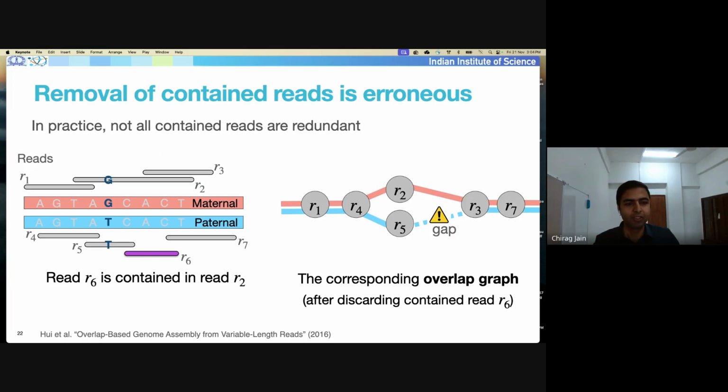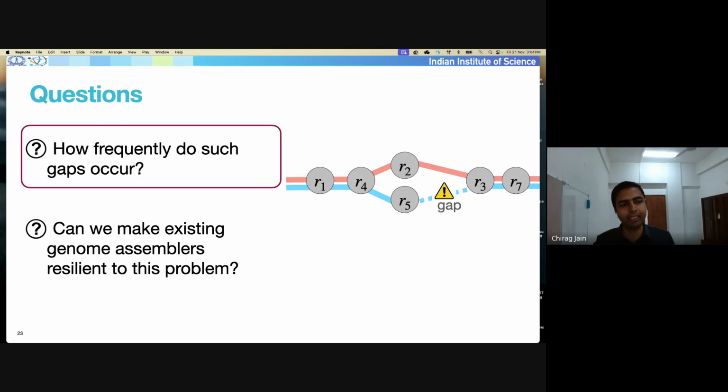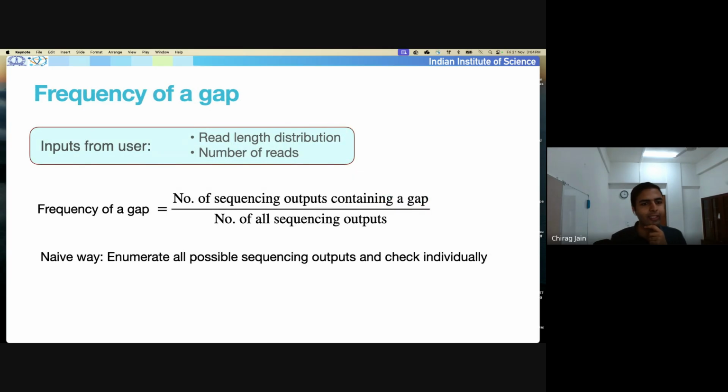So basically, the first question is, how frequently do such gaps occur? The second is, can we make the assemblers resilient to this problem? For the first question, one can ask the user to give the read length distribution and the number of reads.